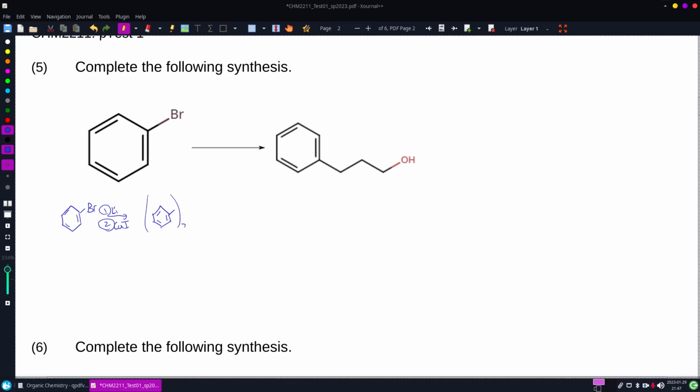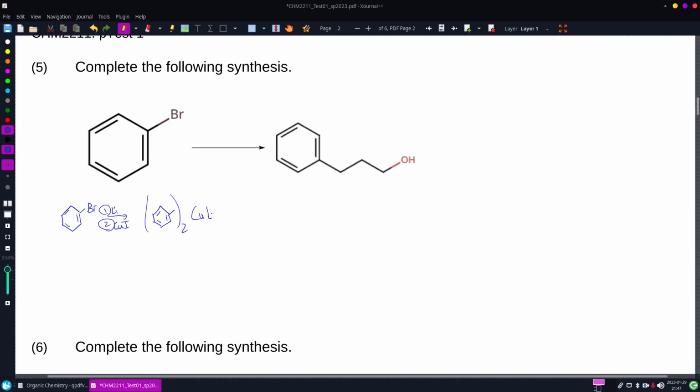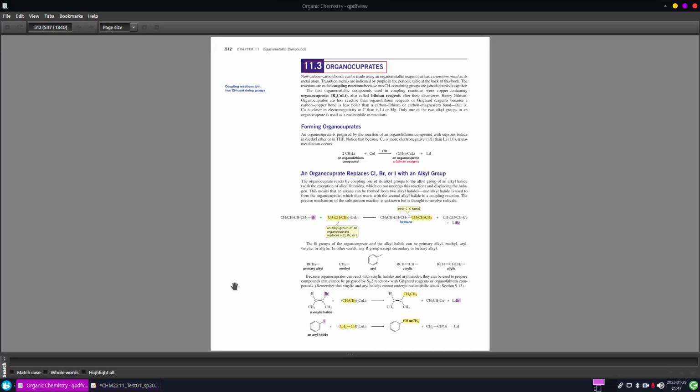I put it in parentheses with a 2 and the copper Li. That is mentioned right here. So there's the organolithium, which I could have made by just reacting the benzene with lithium and then the copper(I) iodide, and I get the Gilman reagent.